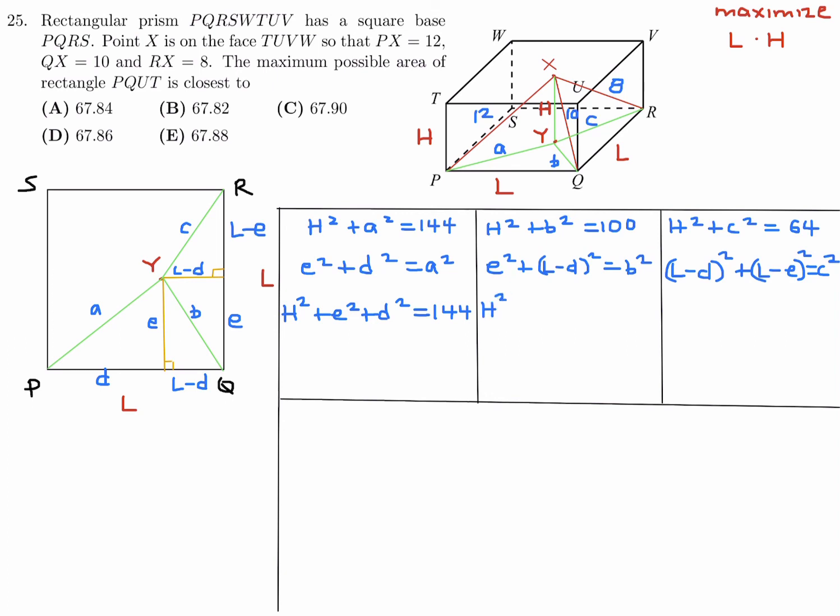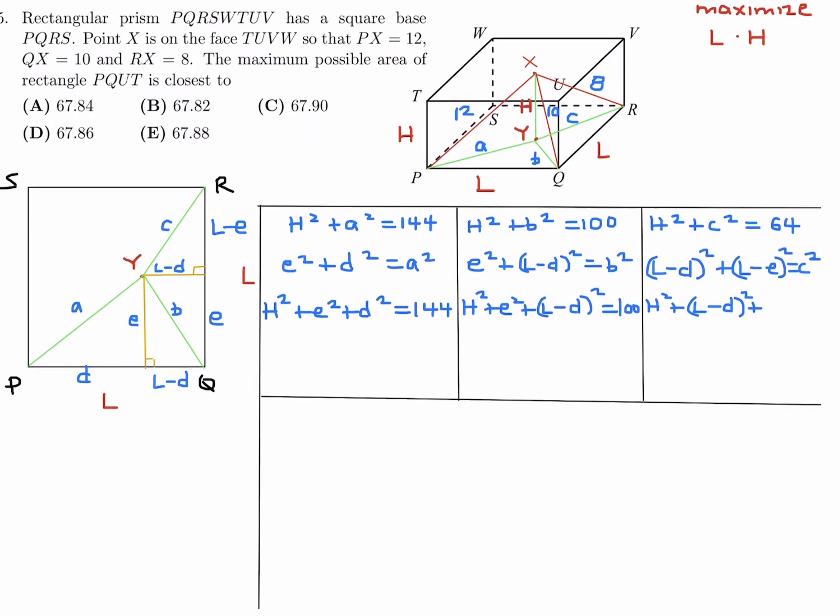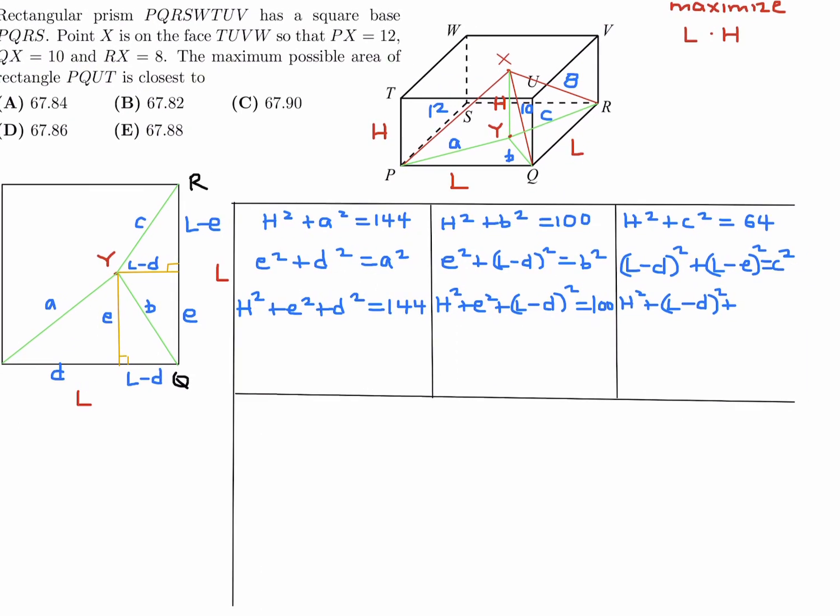So it would be H squared plus E squared plus L minus D squared is equal to 100. And very similarly, instead of C squared, we can put this, and that would give me H squared plus L minus D squared plus L minus E squared is equal to C squared. Or sorry, 64.